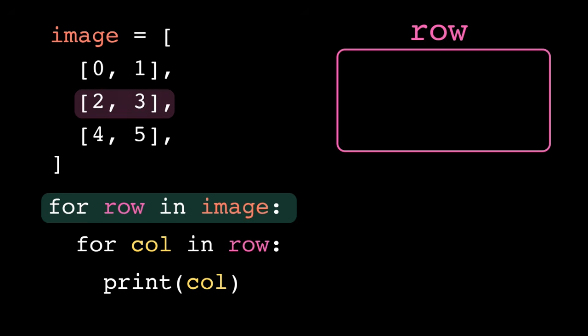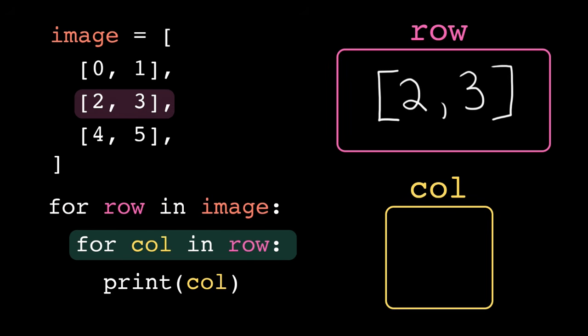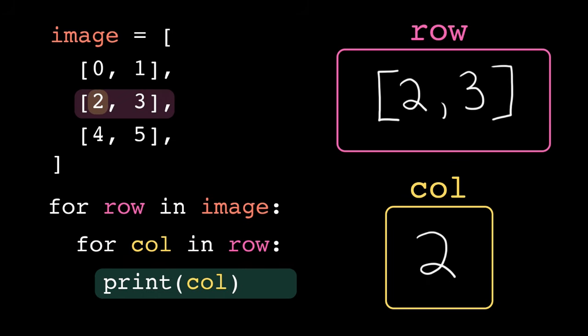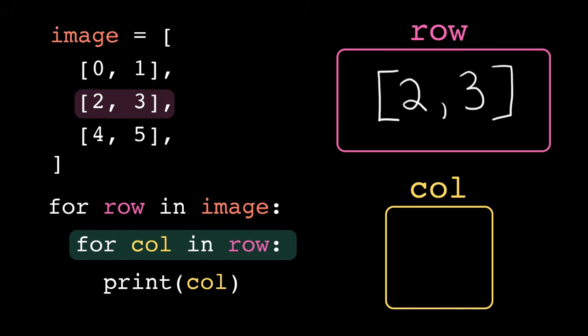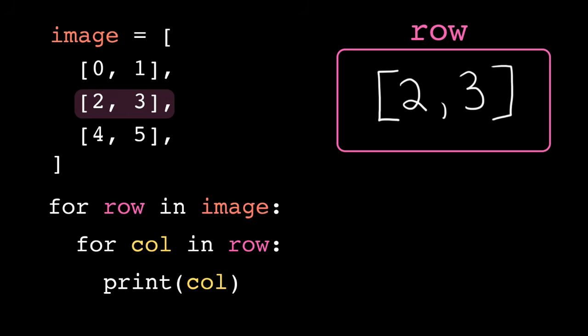Row now contains the next element of our 2D list, which is the inner list [2, 3]. We enter the loop body again, and then we hit the inner for loop, which again iterates over the elements in row. So the first time we print 2, the second time we print 3, and now we're at the end of the list, so we terminate the loop.